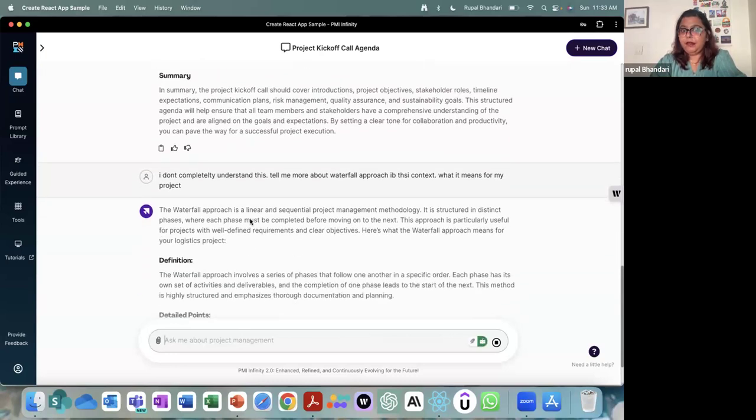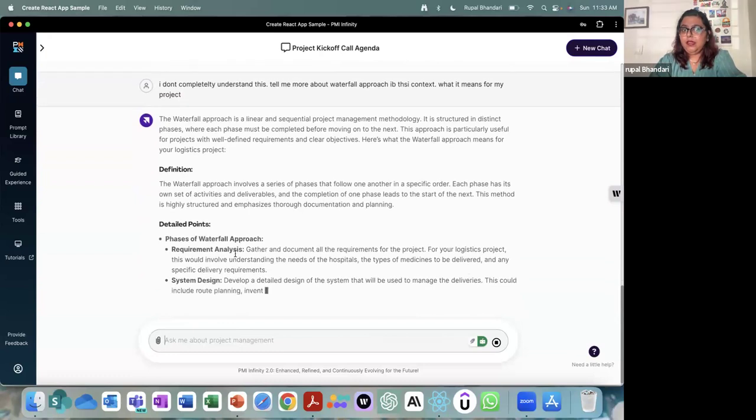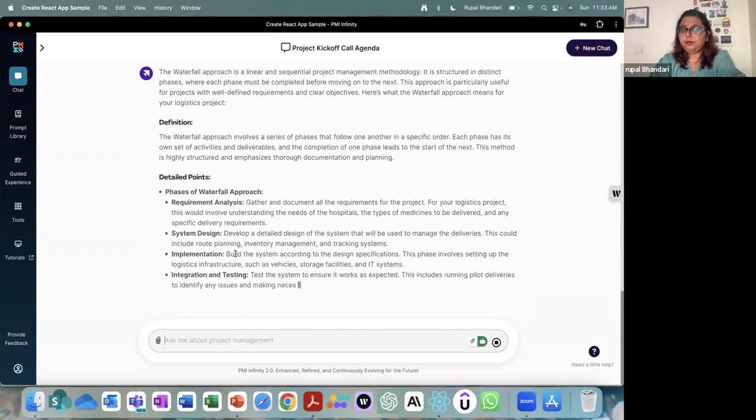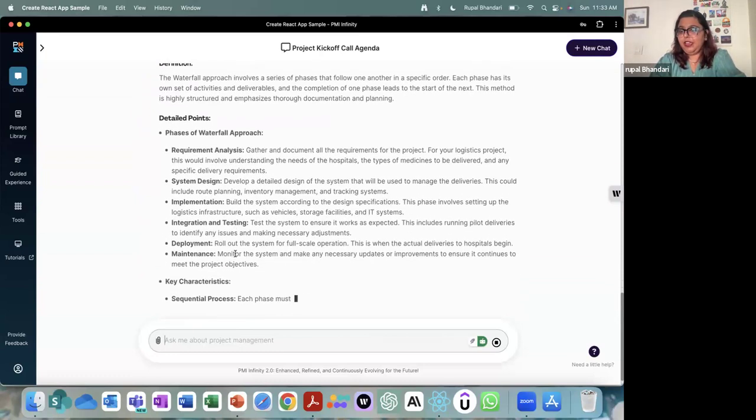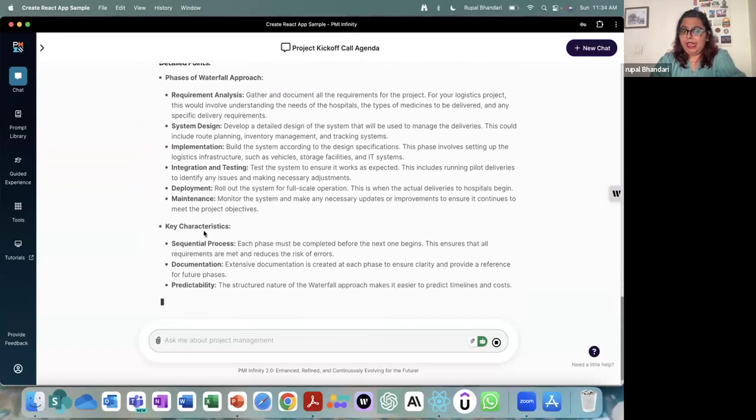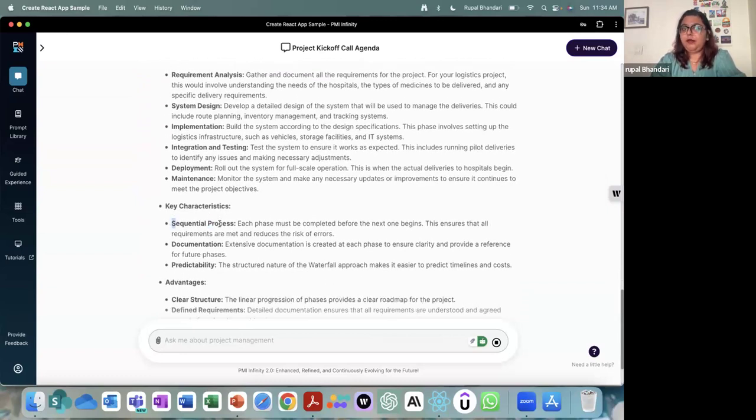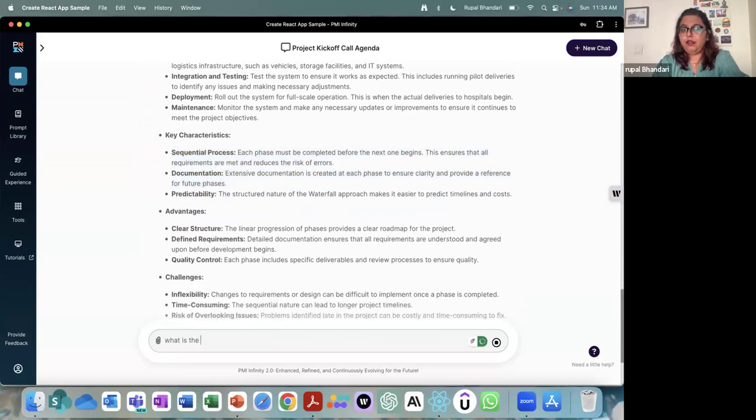It's giving me the details. It's something I can use, I can copy. It tells me that it's a sequential process, it needs to be documented this way. What is the list of documents I need to create for this project?